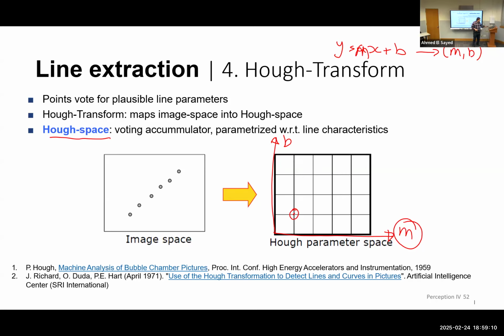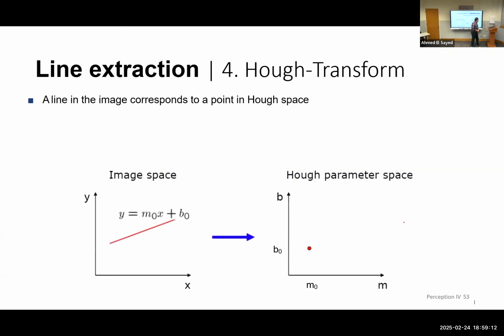So if I have any line like this, I can represent it with only one point, M0 and B0. How about if I have a point here, which is X0, Y0? How will it look in this space?